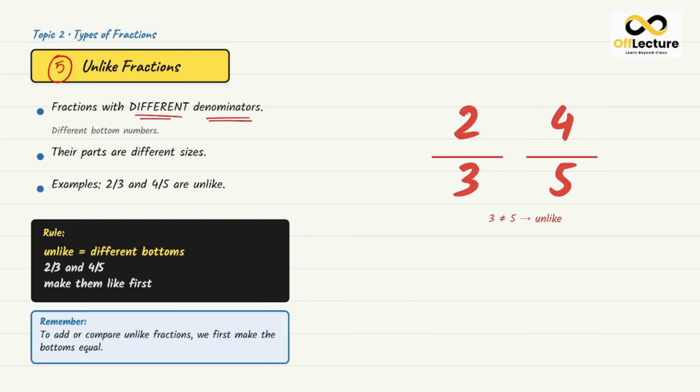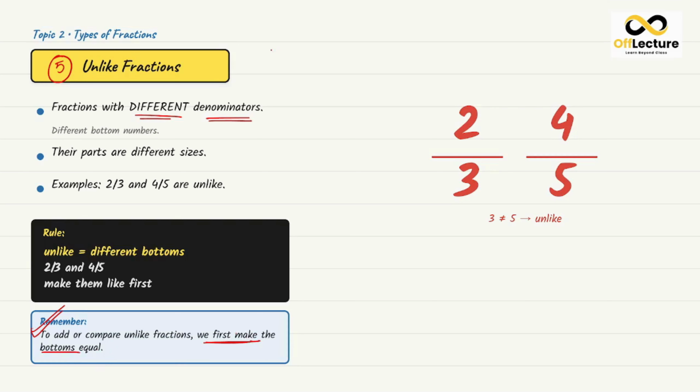If you see the example of 2 by 3 and 4 by 5, these are unlike fractions. Before adding or comparing unlike fractions, we first need to make the denominators equal.